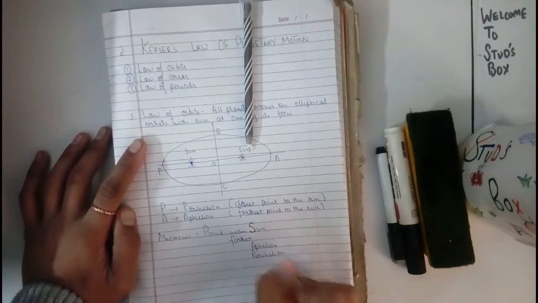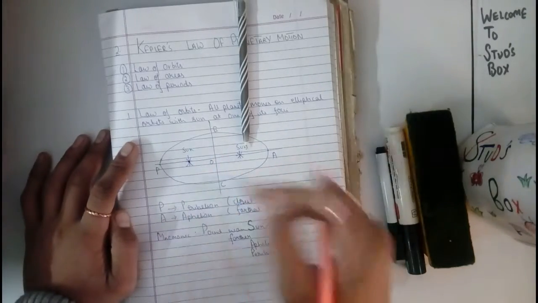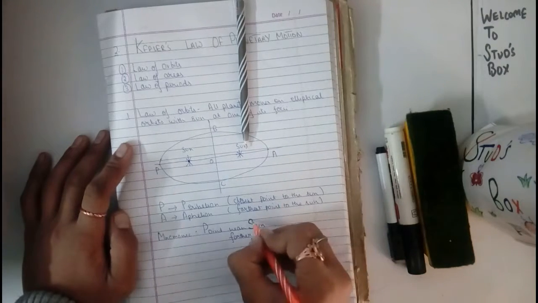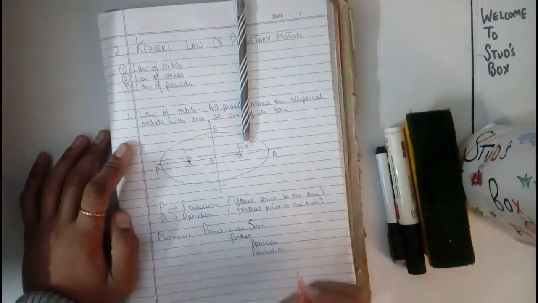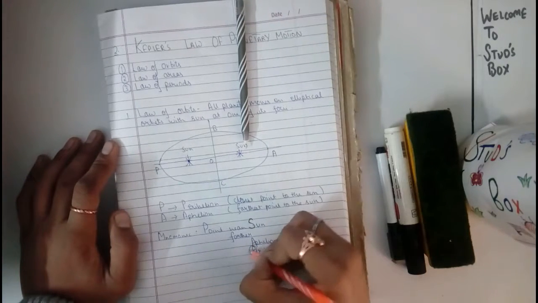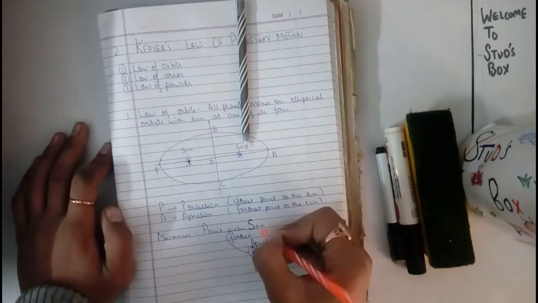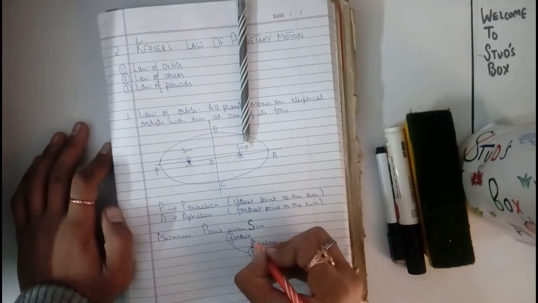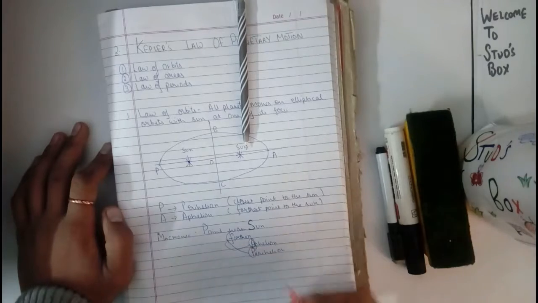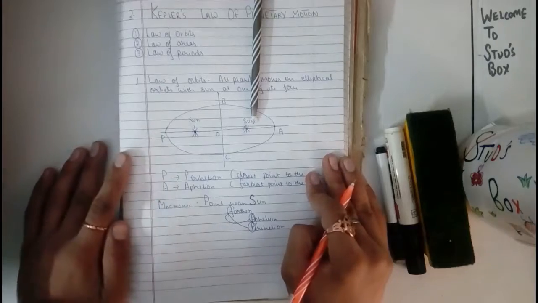If we check in alphabetical order, what is the closest alphabet to S? Is it A or P? So it is P. So P, perihelion, is near to the Sun, and the farthest point from S is A, so aphelion is the farthest point from the Sun. So this is a mnemonic to memorize it.